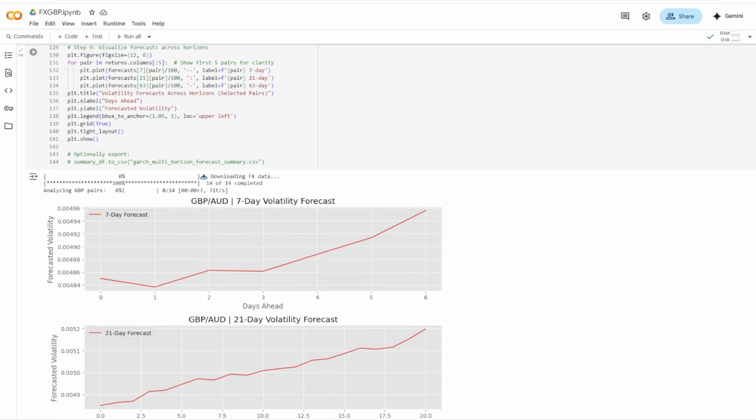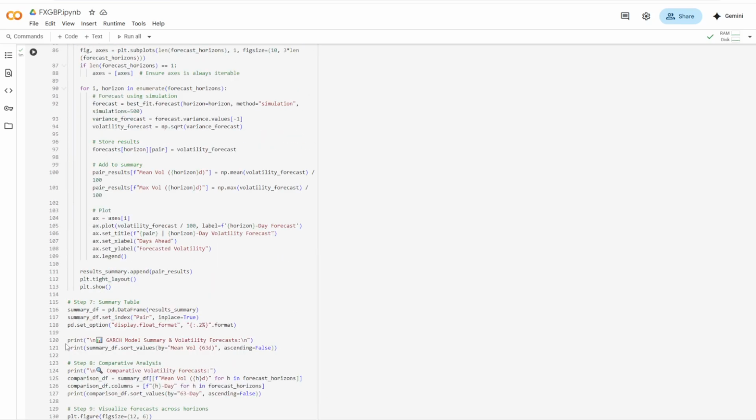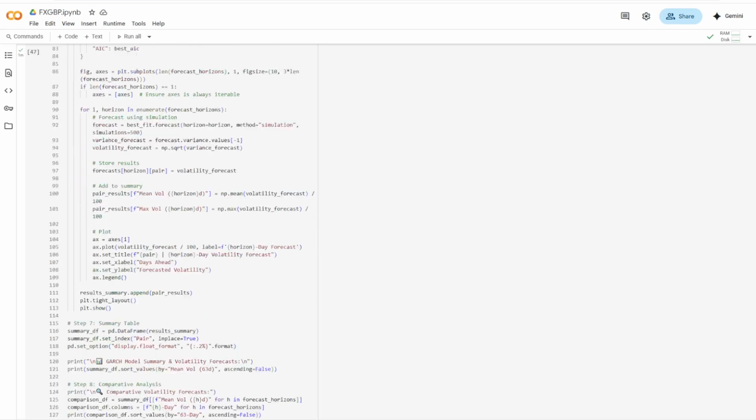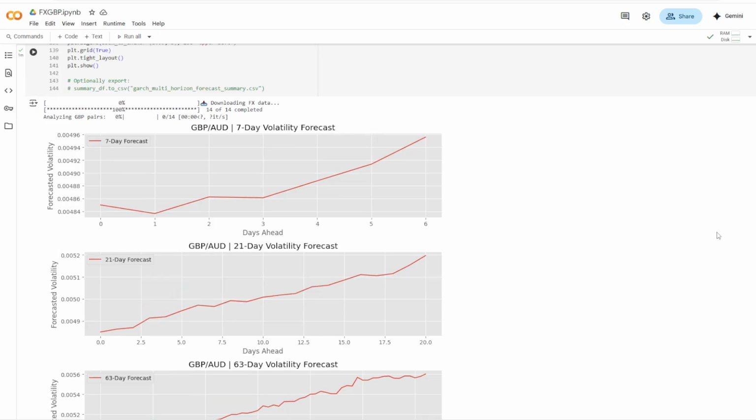Here I have a forecast of daily conditional volatility, extrapolated from the GARCH models, the generalized autoregressive conditional heteroscedastic volatility model.